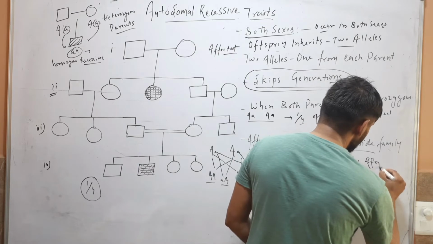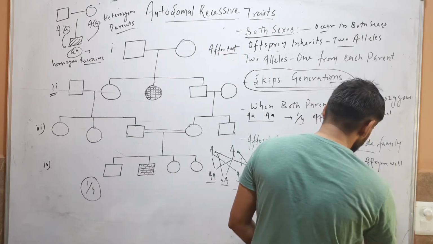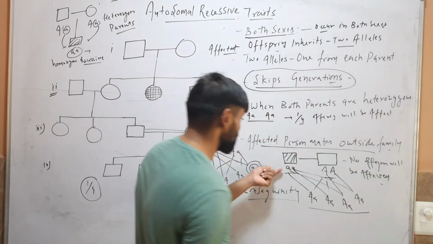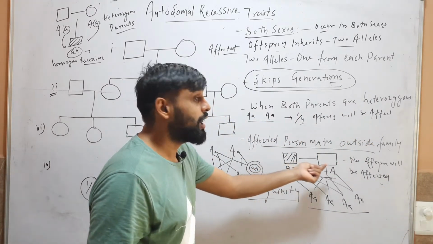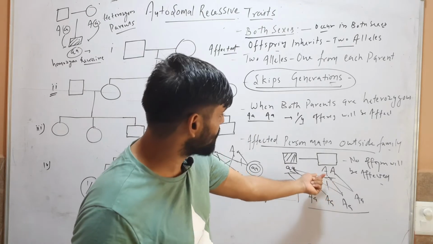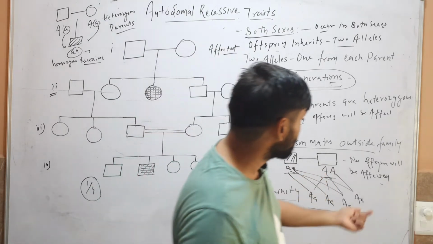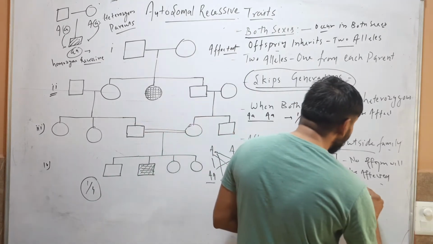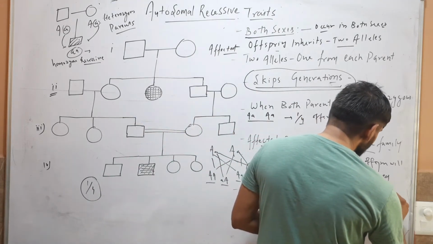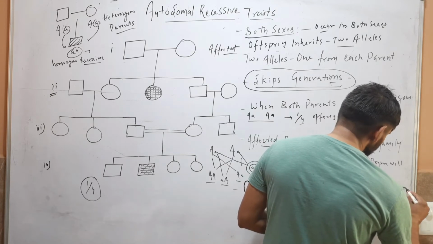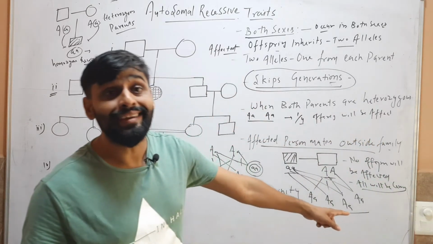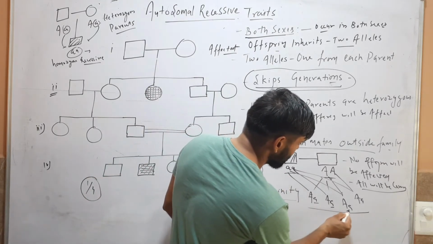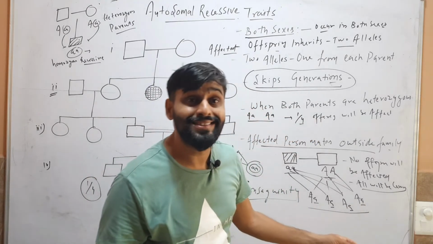No offspring will be affected. So when an affected person mates outside the family, all of their offspring will be unaffected, but all will be carriers. You can see that all are carriers because all have small a. All are carriers, but no one is affected.